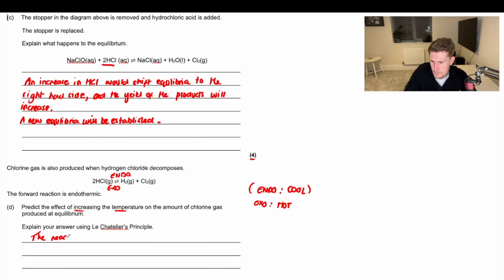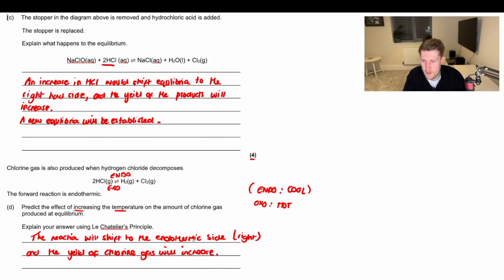The reaction will shift to the endothermic side. And just for clarity, that's the right hand side. And the yield of chlorine gas will increase.